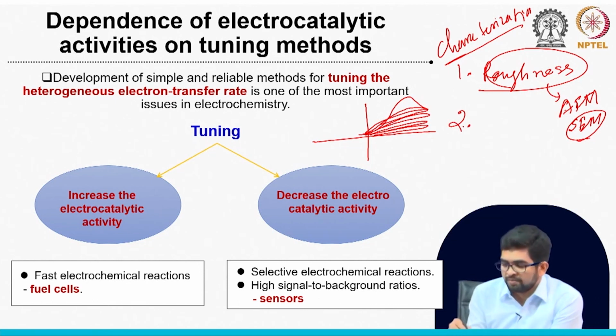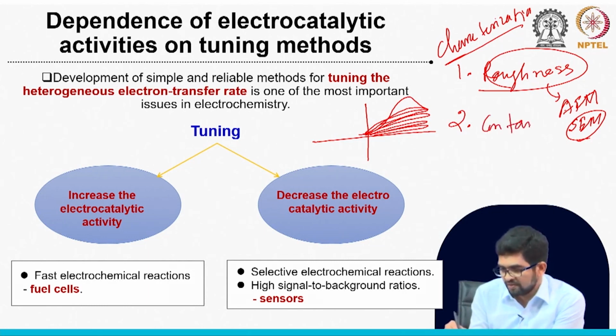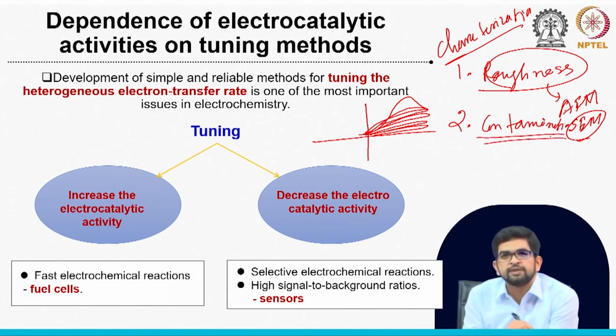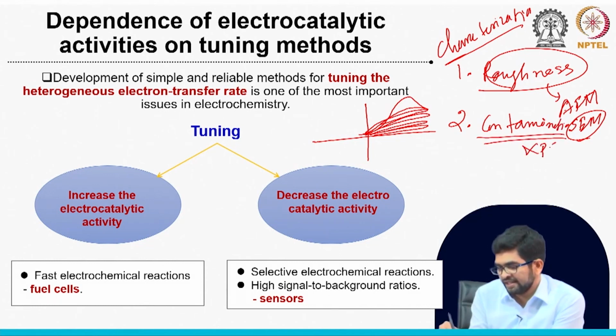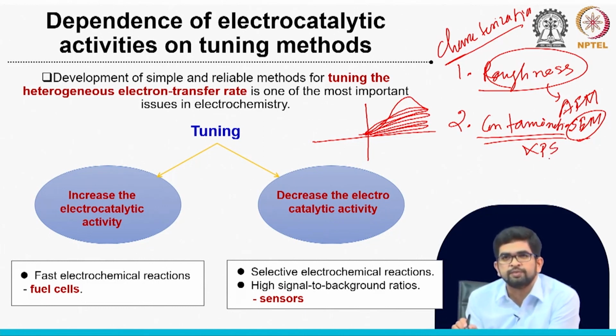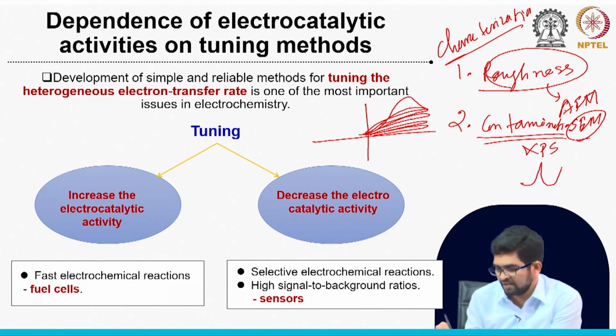Second, you can measure the surface contamination. How can you measure the surface contamination? You have to do an XPS study, X-ray photoelectron spectroscopy. In the gold case, for example, you can see the gold peak, right. So, before and after treatment, you see if the gold peak is changing or not.